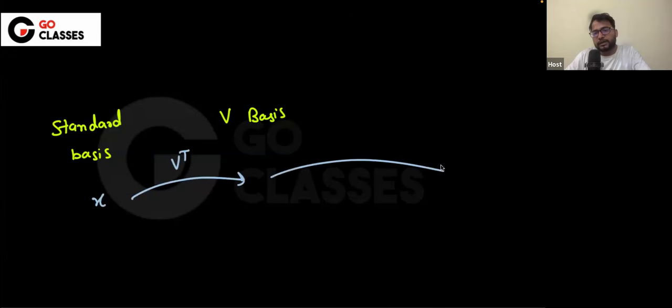So basically, you can say this is the standard basis. This is the v basis. See, from x, if you multiply with v transpose, you are getting in this. And this is the real thing. Okay, this is the real thing. If you just ignore the basis in which we are talking, this is the actual linear transformation.